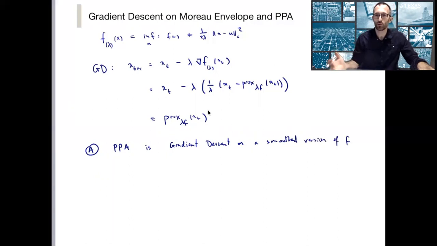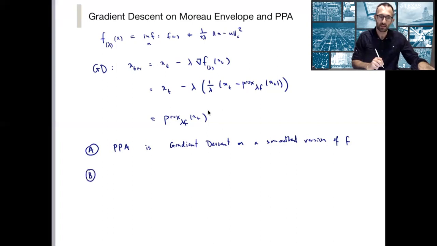This is yet another relationship between the proximal point algorithm and gradient descent. Remember, we had also seen that as long as lambda is very small, then proximal point is actually very close to gradient descent. So this also makes sense if we look at the definition of the Moreau envelope and think about what it means for lambda to be very small. What does it mean in terms of the smoothing that you get?